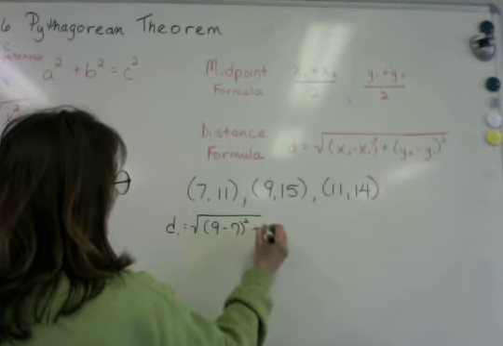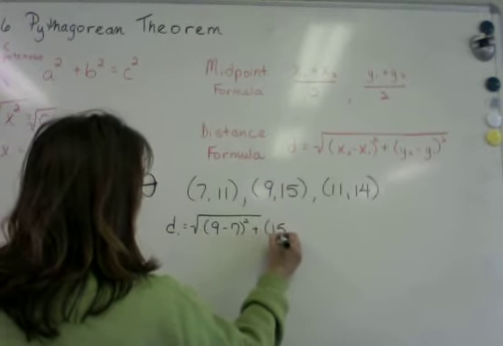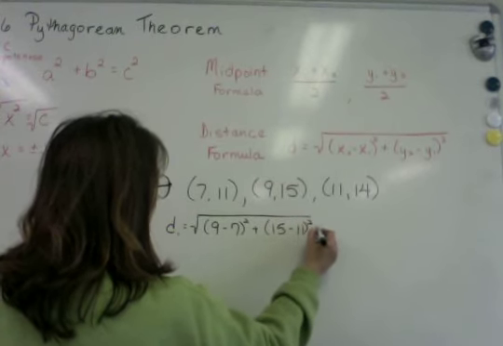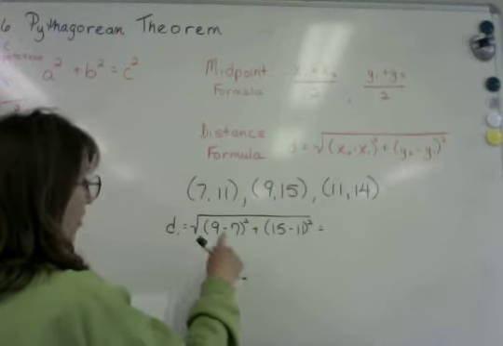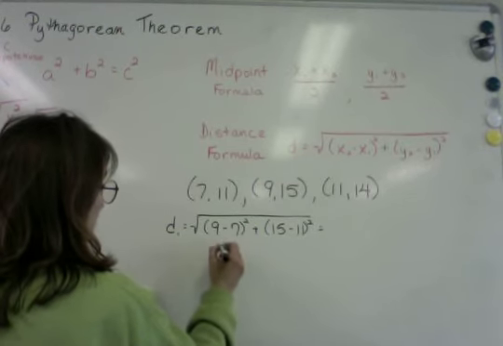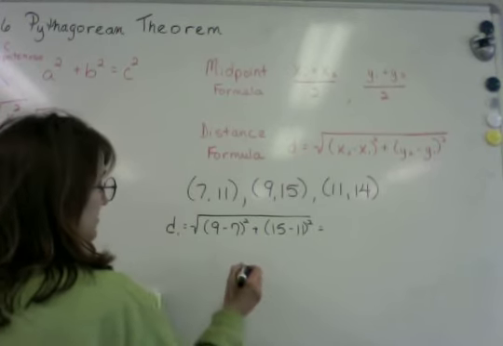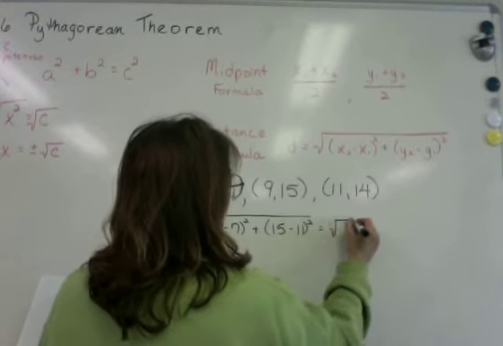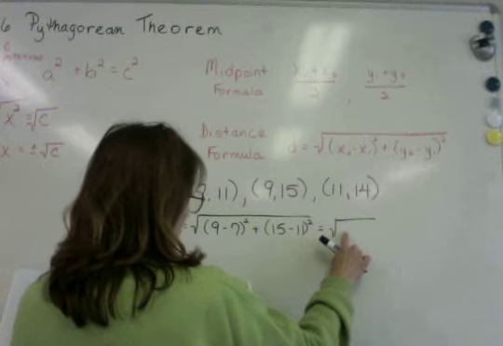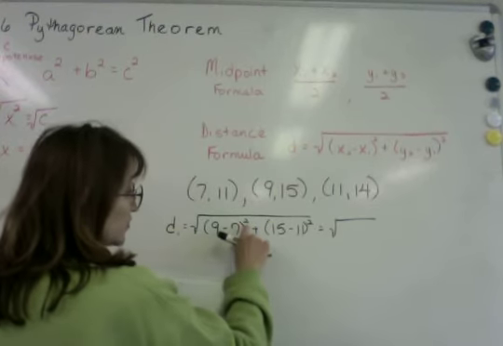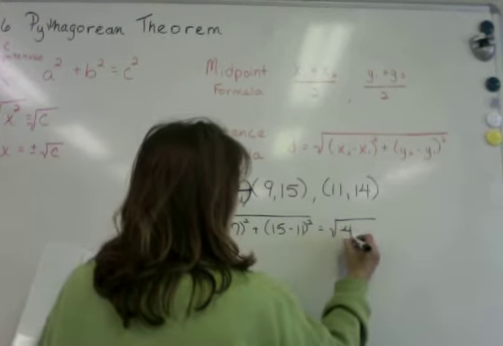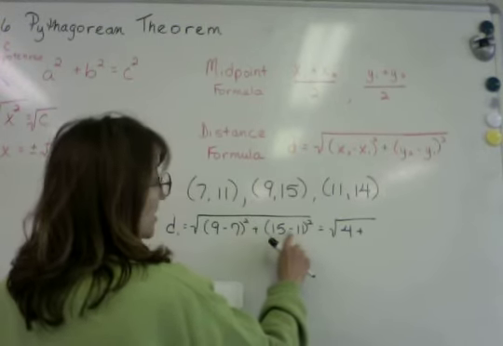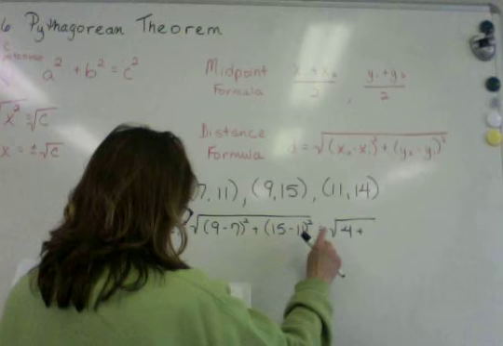Then I'm going to add that to the second y, and subtract 11, and then I need to square that. So when I do all that together, this is going to end up being a 2. Then I'm going to square it, and it will be a 4. If I subtract this, that's going to be a 4. Then I'm going to square it, and that's a 16.